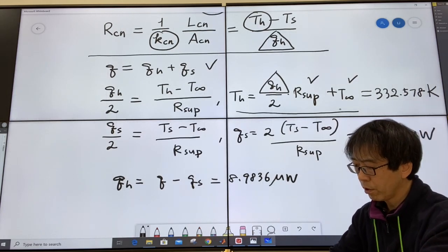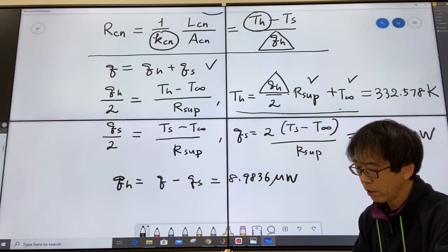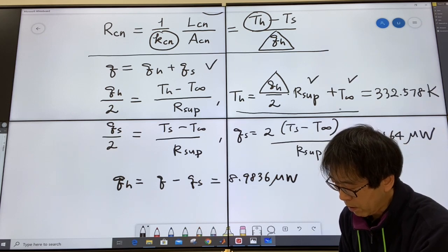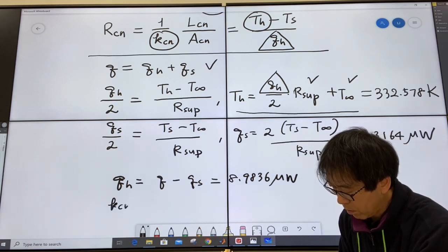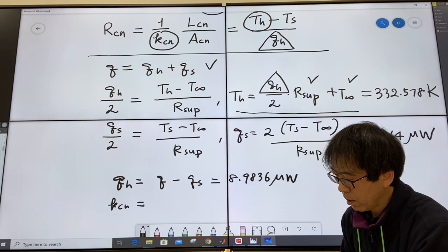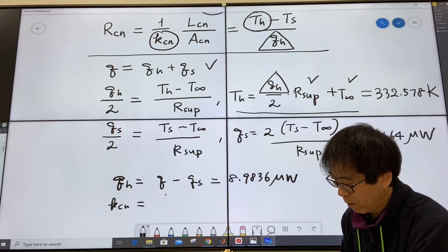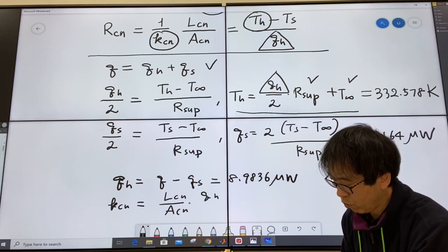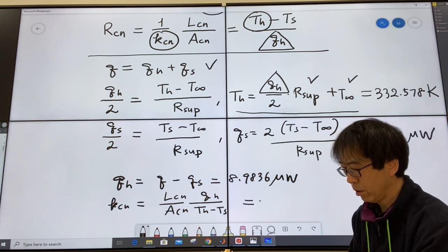KCN will be LCN over ACN times QH over TH minus TS, right? So let's try it.